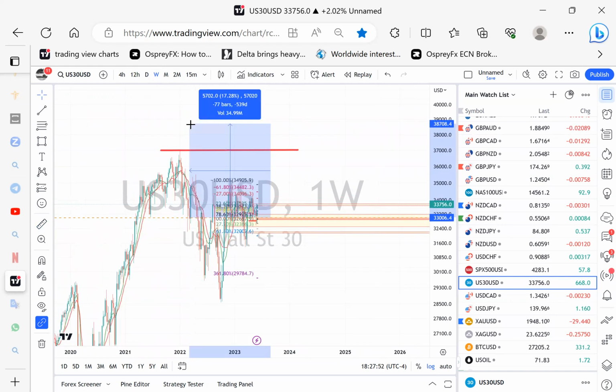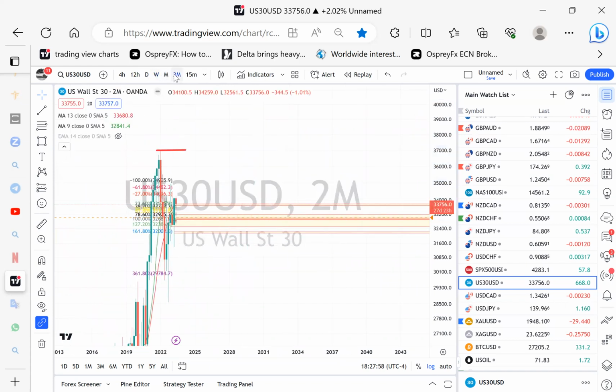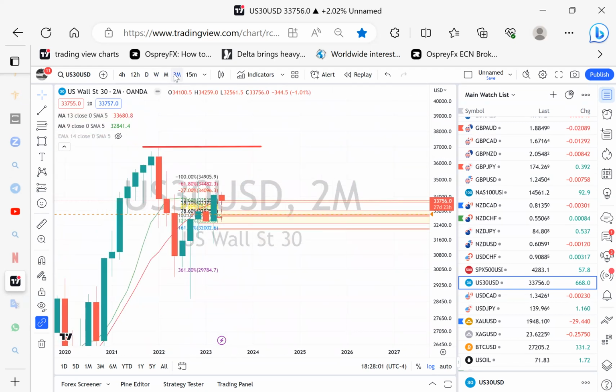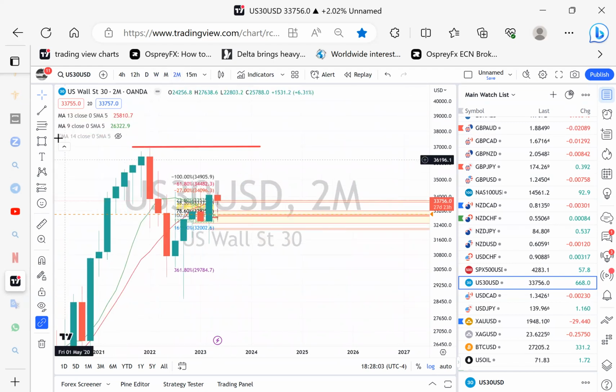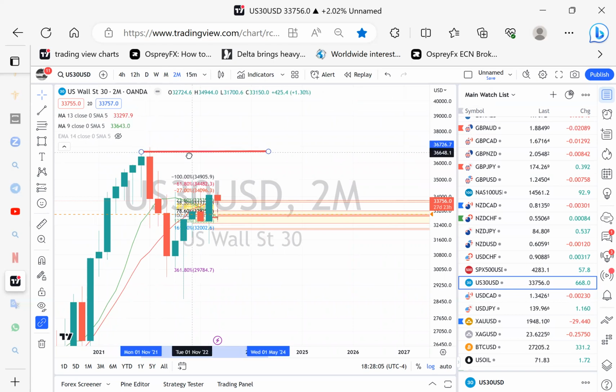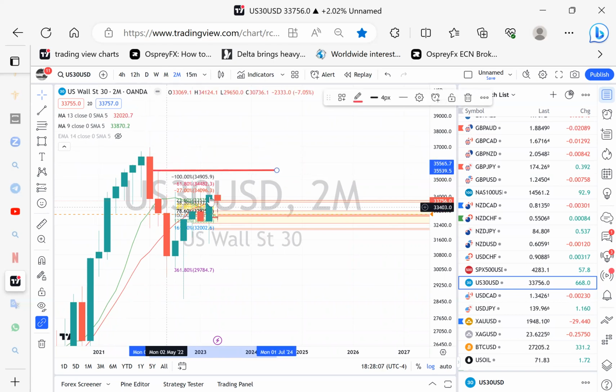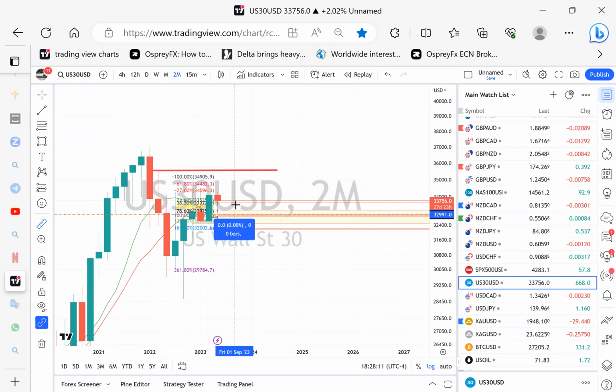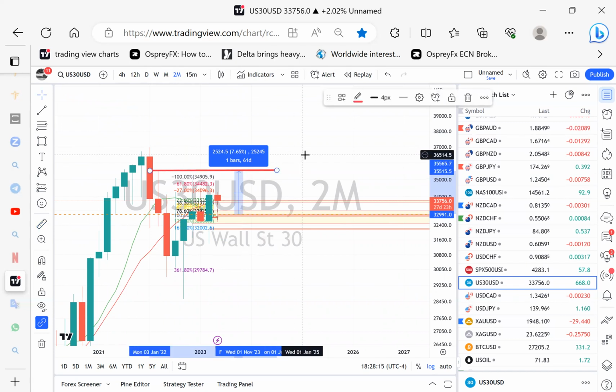Man, you can probably hold this for 2,500 pips, 2,500 points. It's a lot of money, a lot of action.